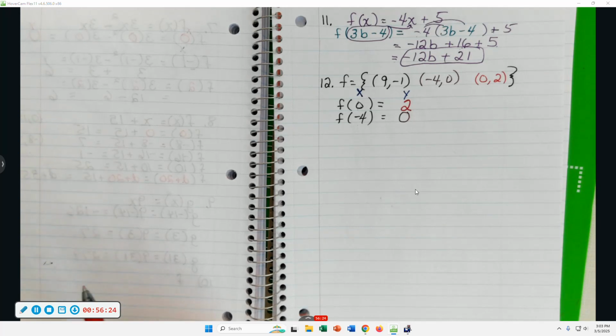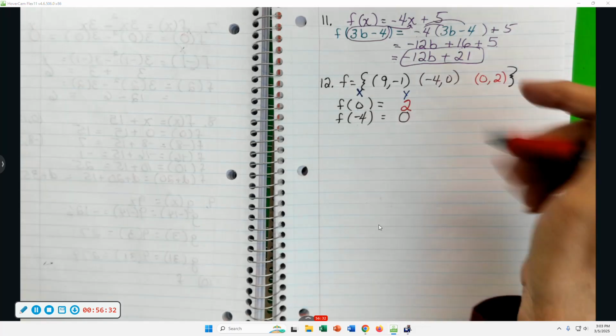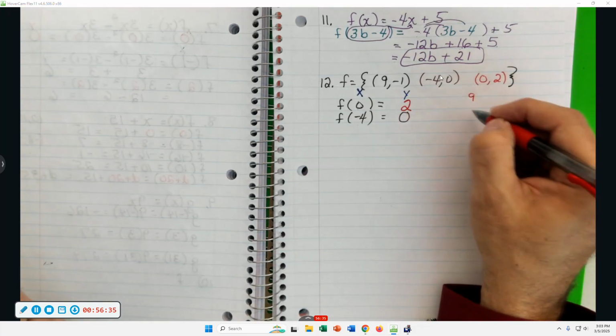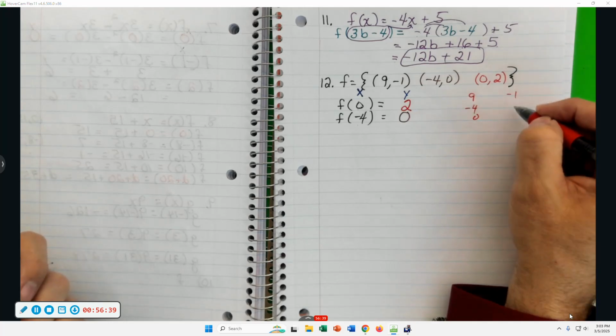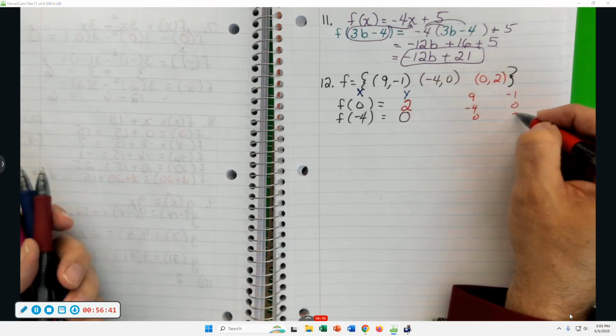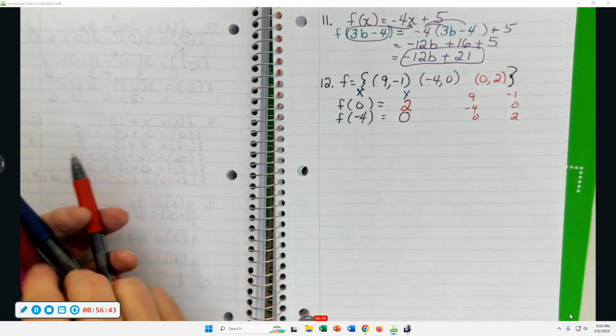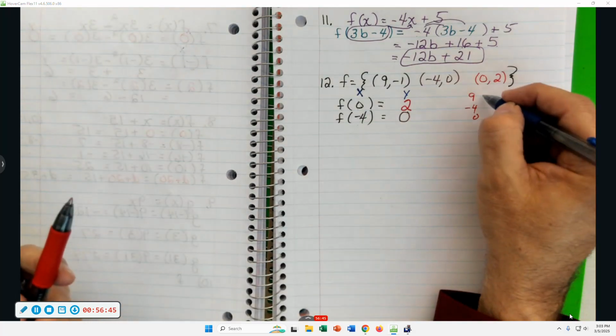5 isn't in the domain. What numbers are the x values that you can use here on number 12? 9, negative 4, and 0. If I wanted f of 5, it's undefined. This function doesn't give you an f of 5 because 5 isn't in the domain.